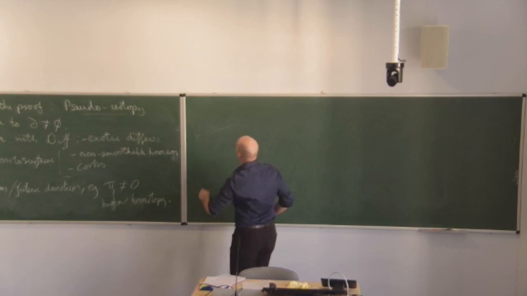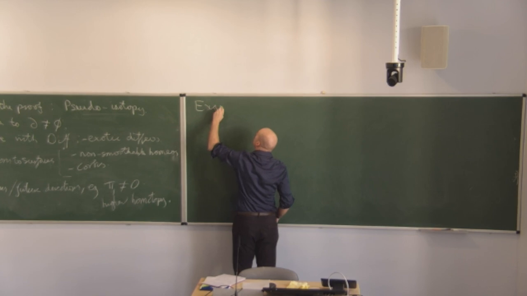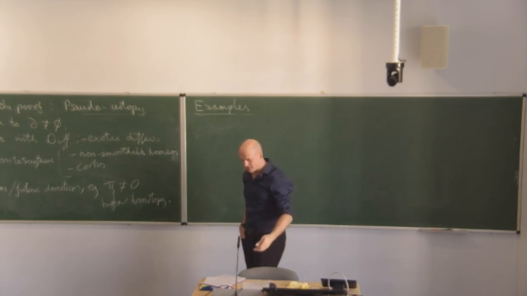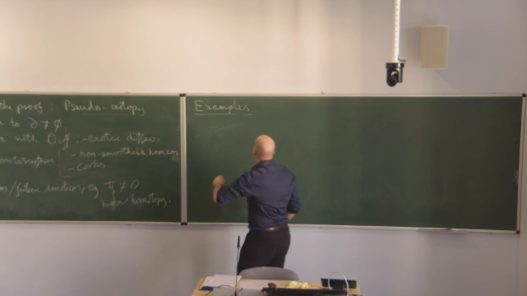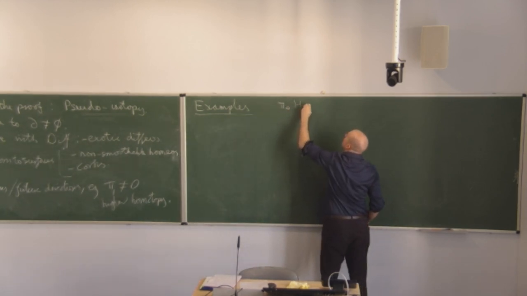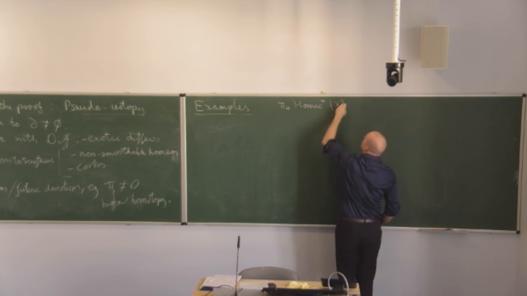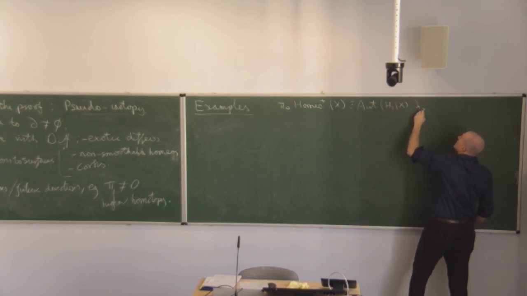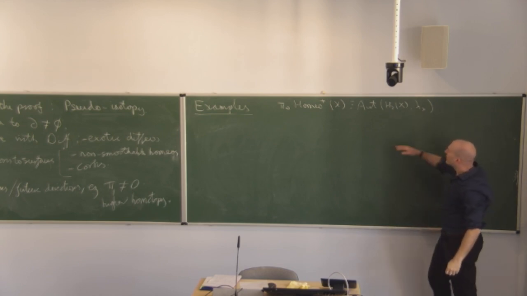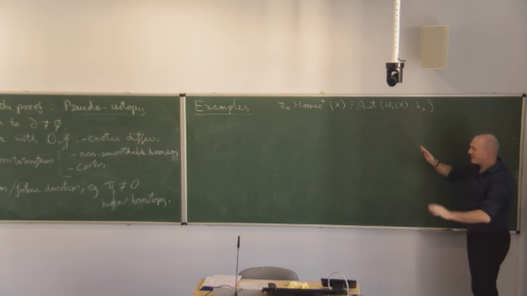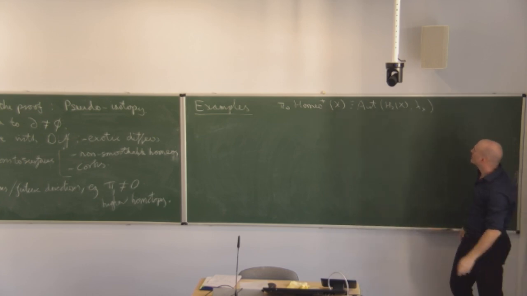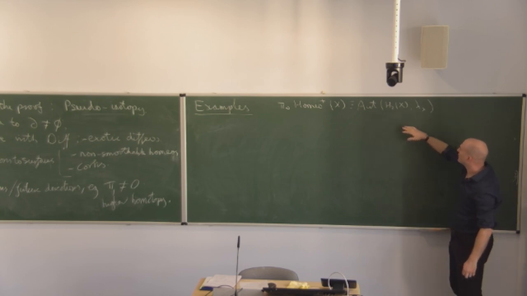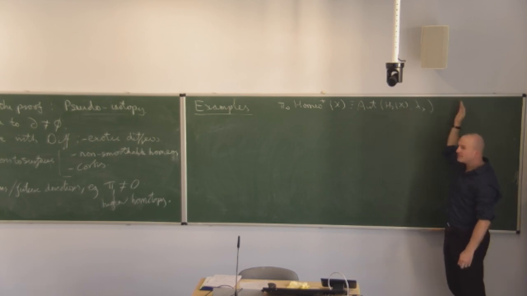Okay, so I thought it'd be good to do some examples where we can actually compute this group or relate it to some algebra. Remember, we've got pi 0 Homeo plus of X isomorphic to the automorphisms of H2 of X preserving the intersection form. It's important here that I have the plus, because if it's an orientation preserving map, then it sends the intersection form to the intersection form. If it's orientation reversing, then it'll be an isometry from the intersection form to minus the intersection form.